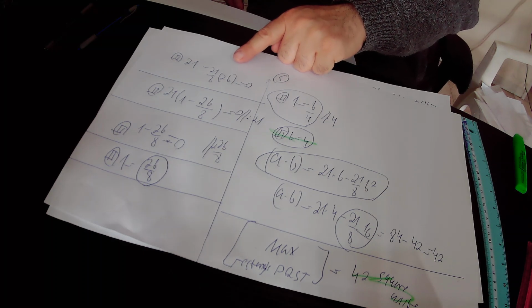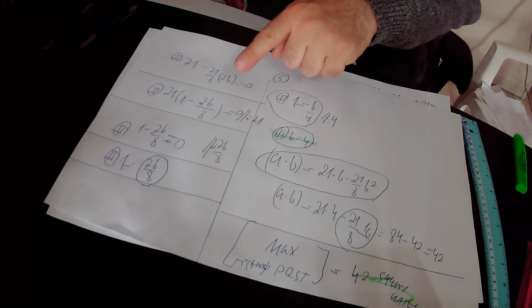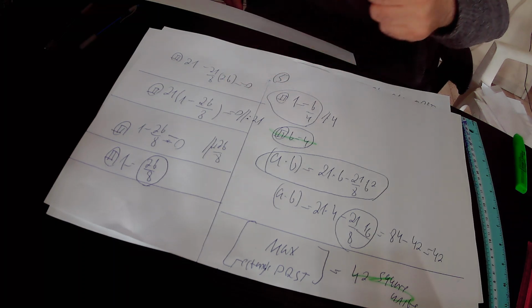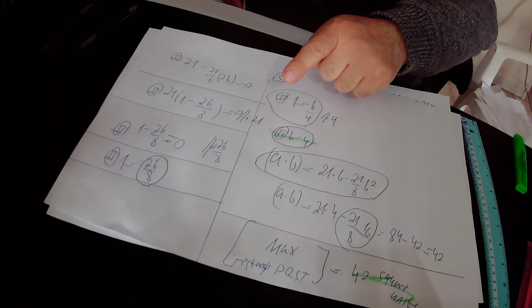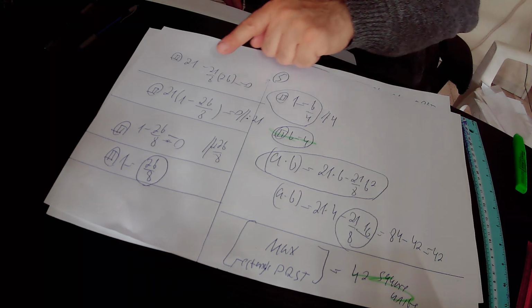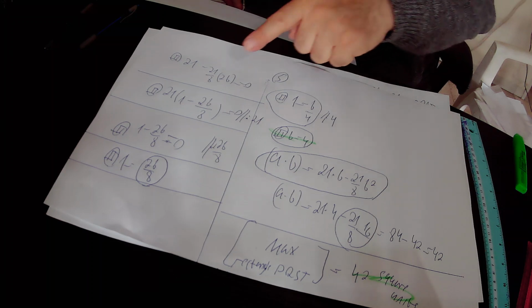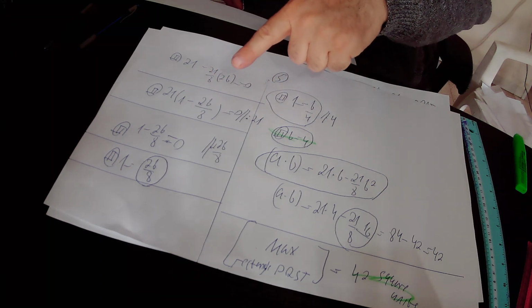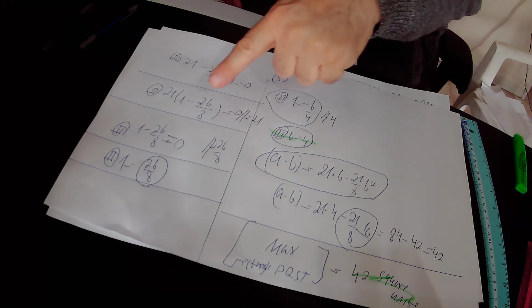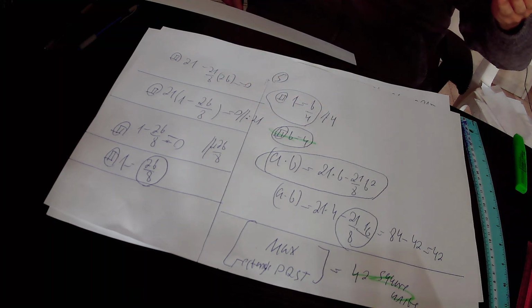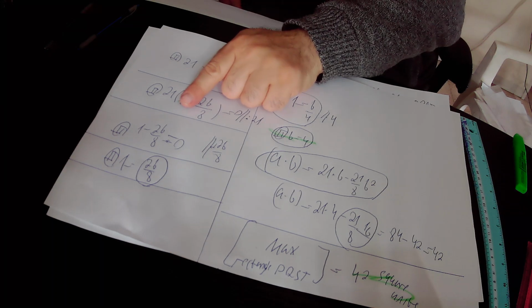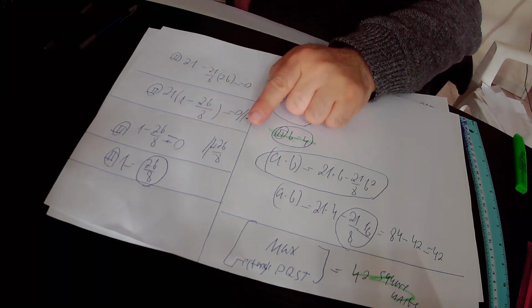What is left is actually minus 2b over 8. It equals 0. Here we divided this equation 2 by 21 and found out that 21 over 21 is 1, so we are left only with 1 minus 2b on this side of the equation, and on the other side of the equation 2 we have 0 over 21, that is 0. So according to equation 2 we found out that 1 minus 2b over 8 equals 0.